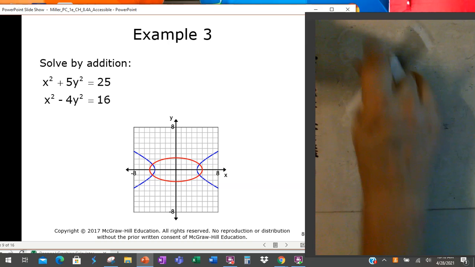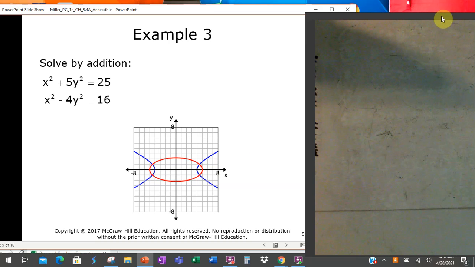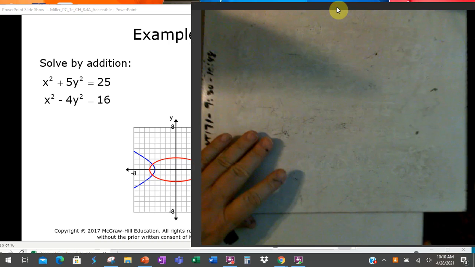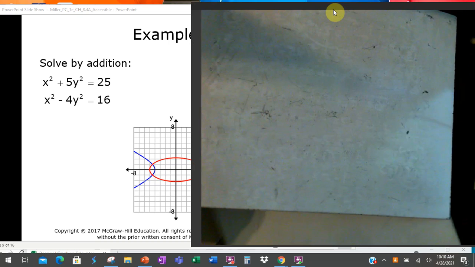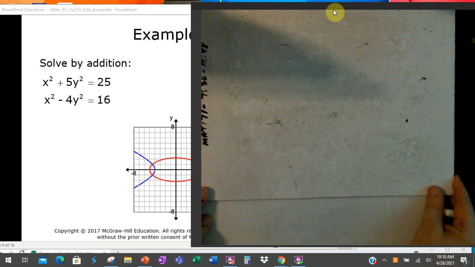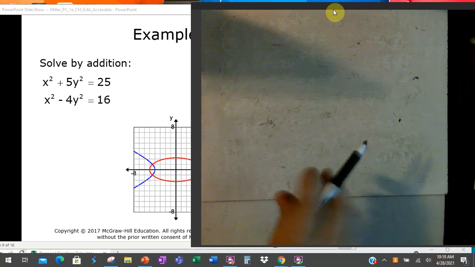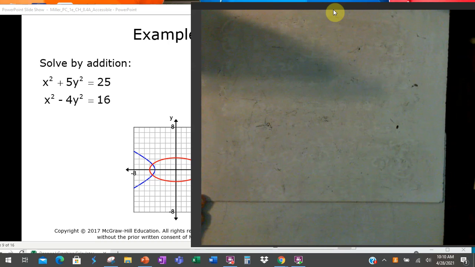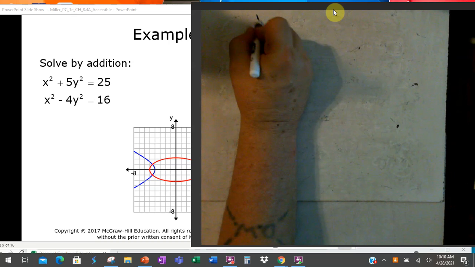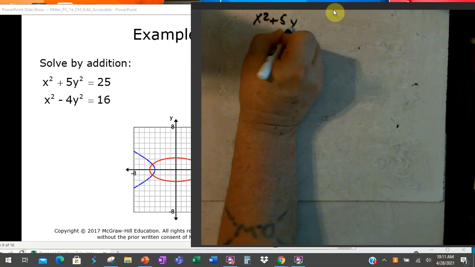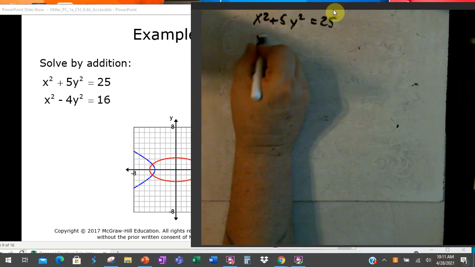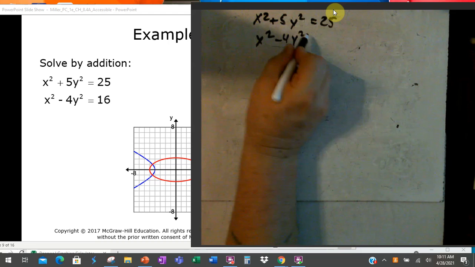Okay, so let me bring this over. Let me kind of do this. Bring this down so that I can keep a running tab on this. So here I've got x squared plus 5y squared is equal to 25. I've got my x squared minus 4y squared is equal to 16.